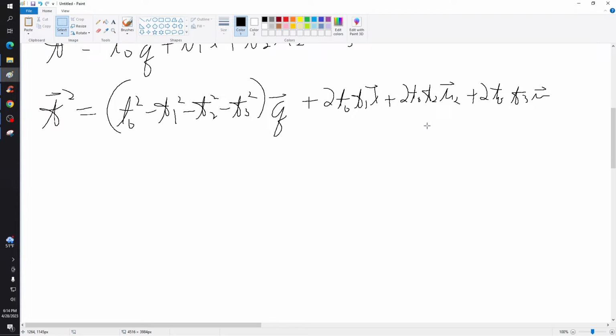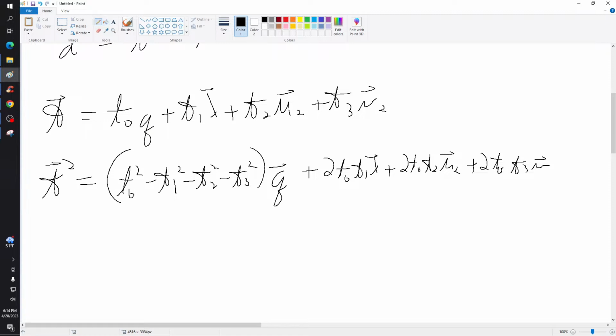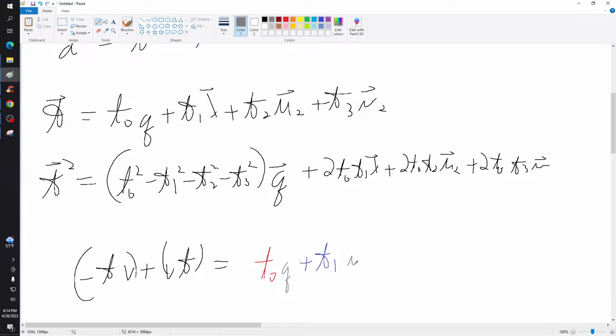So let's say we have the vector. Now I'm going to prove that there's no real or lambda part to this. Negative tv plus vt, okay, is equal to t null q plus T1 I plus T2 J plus T3.